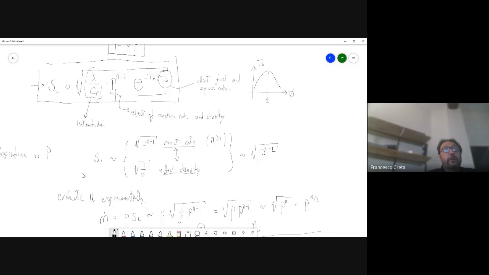So this is an explicit dependence. But if you really think hard, look at this TB. That's the equilibrium temperature, the adiabatic flame temperature, the thermodynamic equilibrium temperature. Well, we know that it can depend on pressure, don't we?